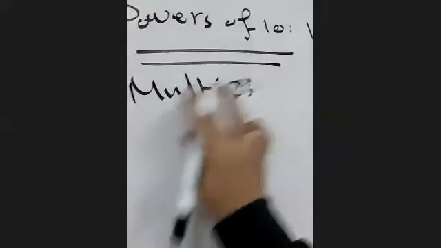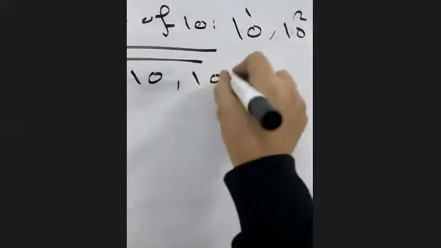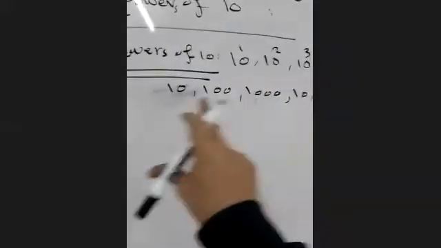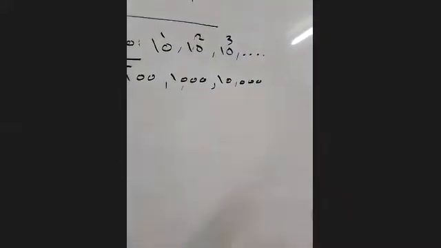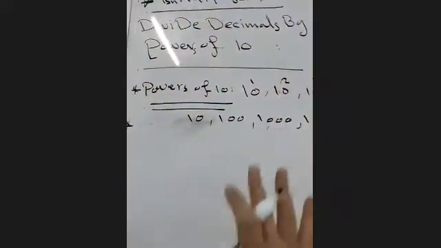Multiples and products of 10, like the powers of 10, we can express them as 10, 100, 1,000, 10,000, and so on. So today we will divide decimals by these numbers. These are the powers of 10.